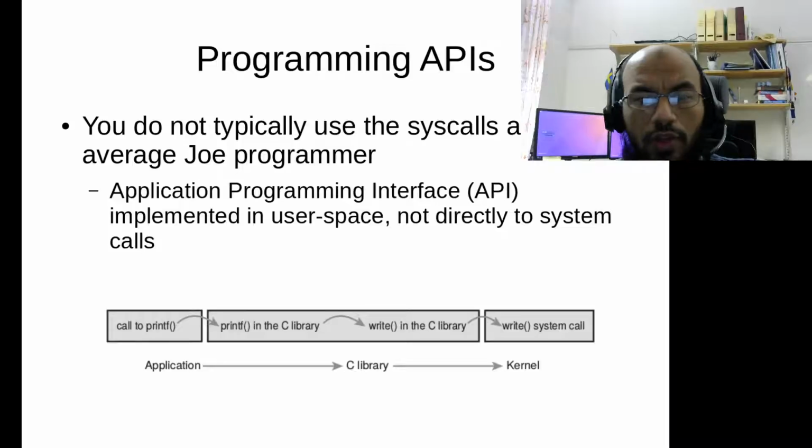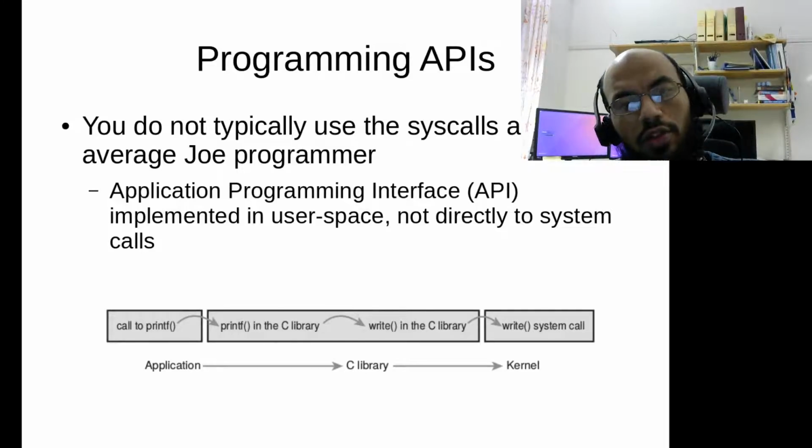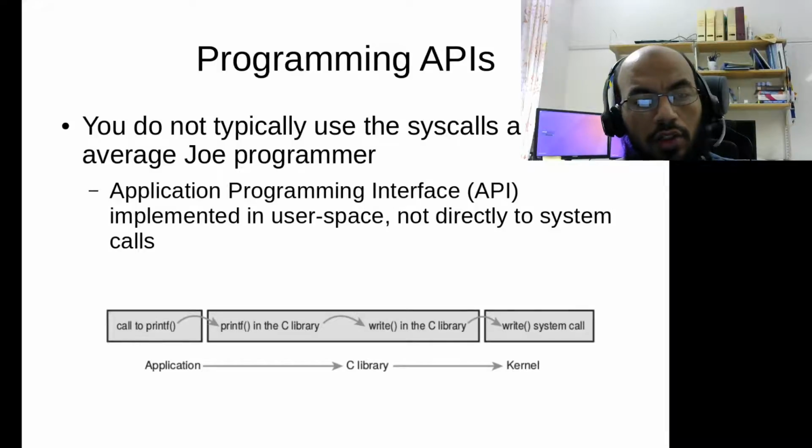You call an API basically, and if you look at this figure, this sums up how system calls actually work in programming. You typically have some print function, so printf in C, print in Python, sys.out.println or sys.out.print in Java, and you call basically the function in the language library from the application.